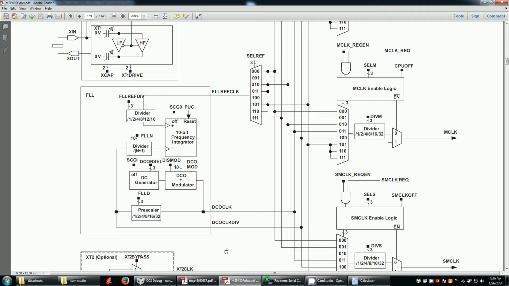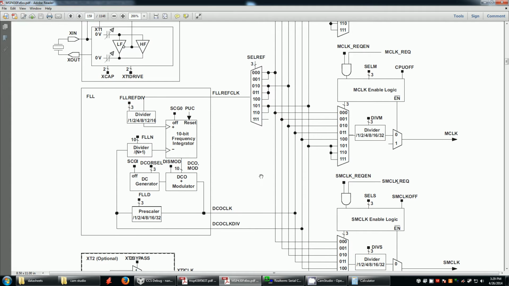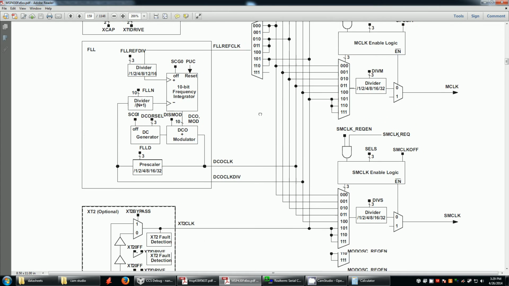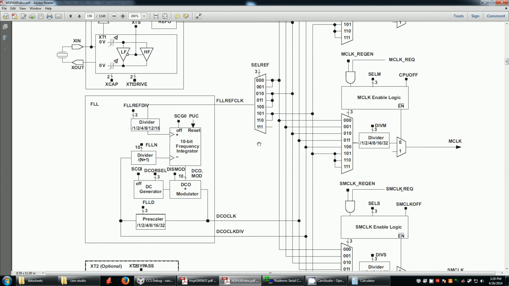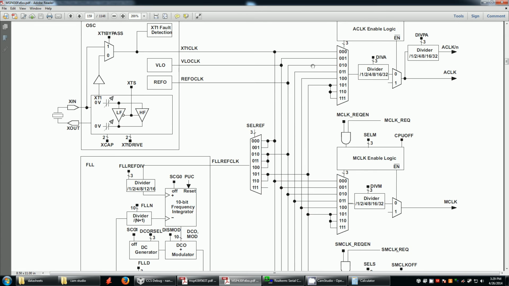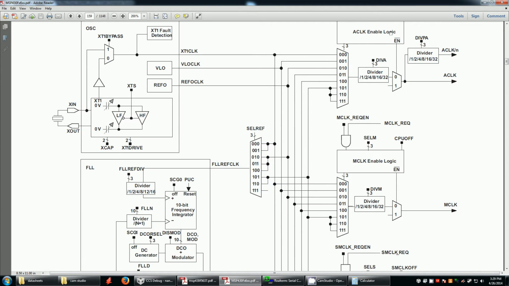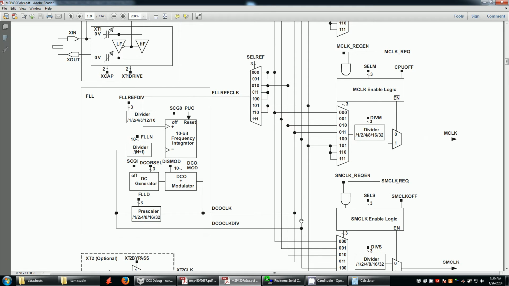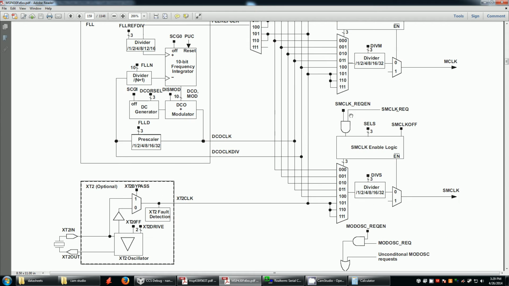If it's less than 16 megahertz, then our main clock is going to be selected over here with these multiplexers. This is a clock bus, and so auxiliary clock, main clock. So if we're greater than 16 megahertz, we use this output directly from the DCO modulator, which is going to be our high-speed clock, right? So we're going to set that for main clock and sub-main clock.